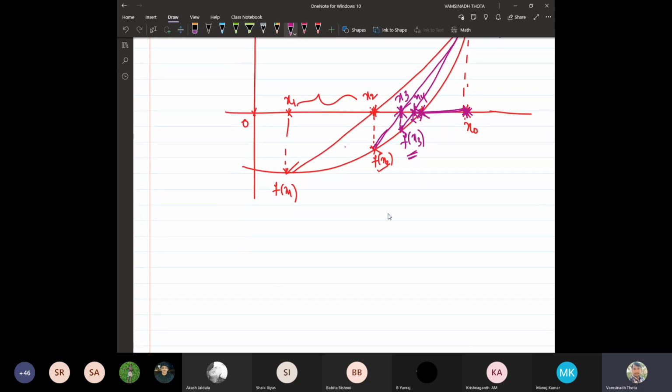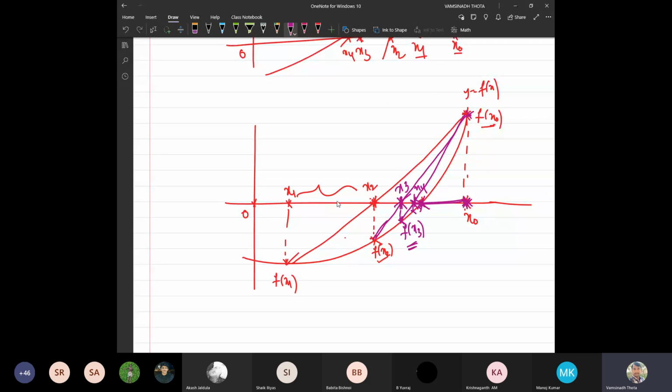Now, one more thing, as you can see from the explanation here, in all the iterations we have performed, the initial approximation x0 remains unchanged.